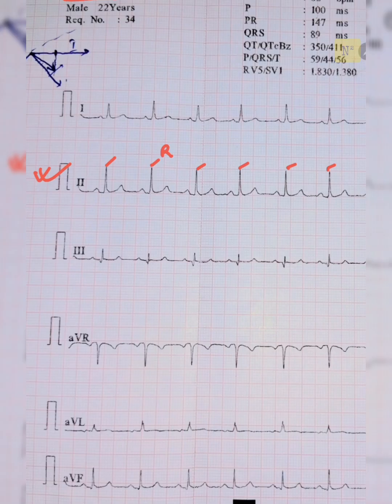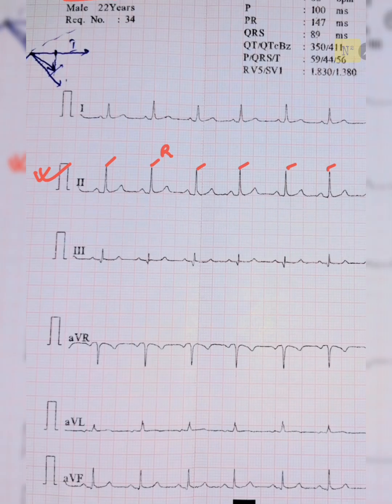In any ECG strip, because of the electrical conduction during the different phases of the cardiac cycle, first of all there is an atrial systole, then atrial diastole, then the ventricles systole, then the ventricle diastole. So this is the normal flow of the current, and that leads to the cardiac cycle.